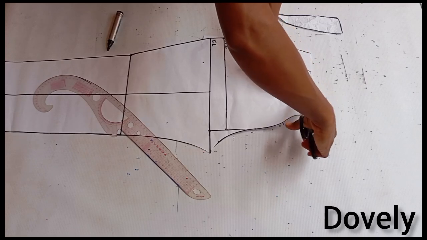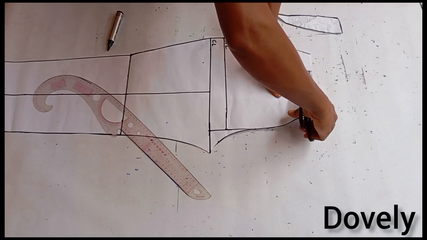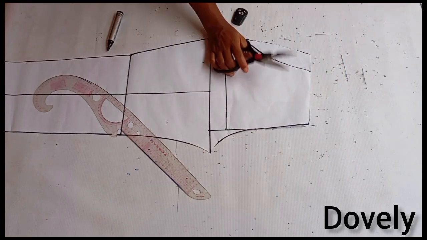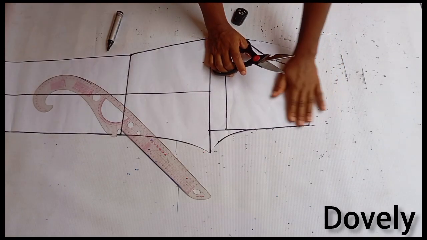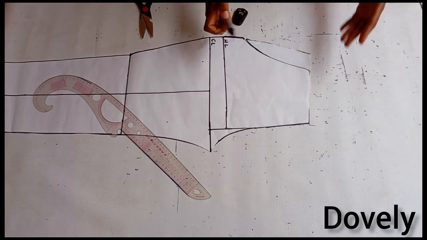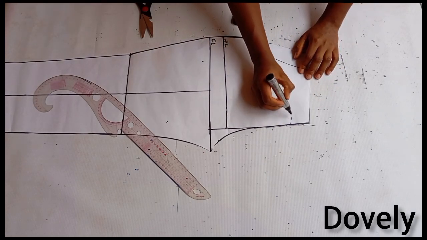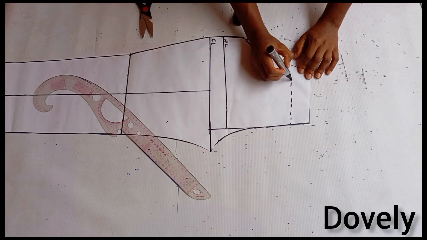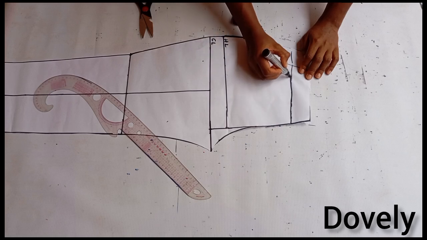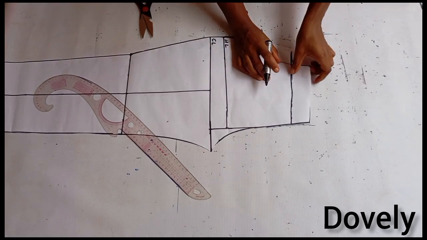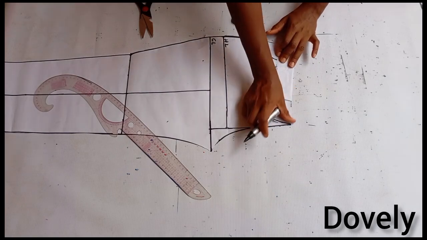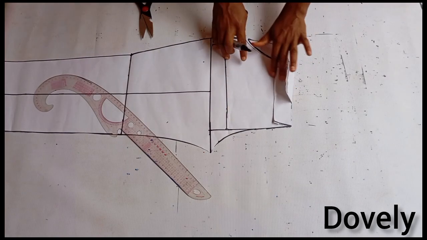Trace out the excess here. So if your trouser is going to have a band, like a 1 inch band, just go ahead and reduce it by the length of the band you want. And you can cut out the band for yourself. So that is it about the pocket.